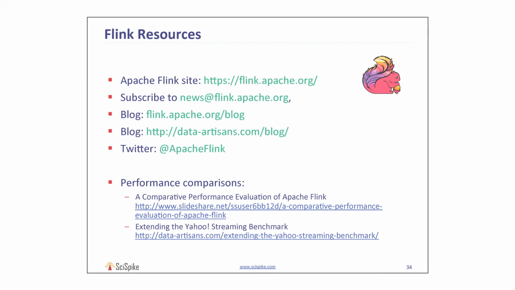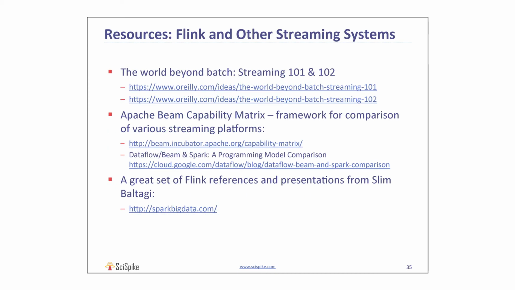And at the end, I collected 2 pages of good resources, so you have an easy start. Naturally, first, the Flink resources. If you're interested in performance comparisons, quite recent reports. If you are new to streaming, there are 2 really good articles on the O'Reilly site, Streaming 101 and 102.